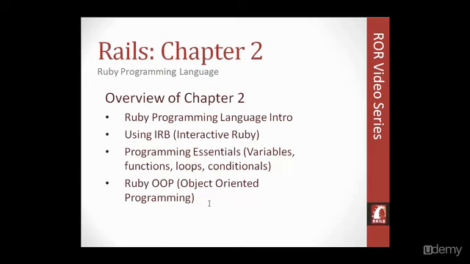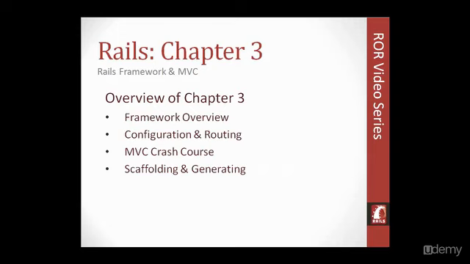And then we're going to go over the object-oriented properties of Ruby. Ruby is actually a pure object-oriented programming language, but you can also do procedural stuff as well.